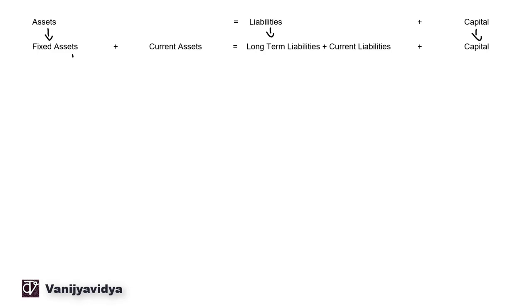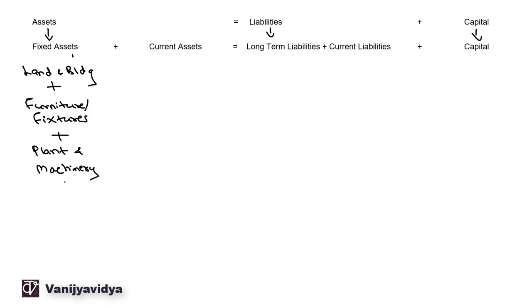Now, this fixed assets can be further expanded into land and building plus furniture and fixtures plus plant and machinery plus goodwill, etc. This all comprises of your fixed asset.